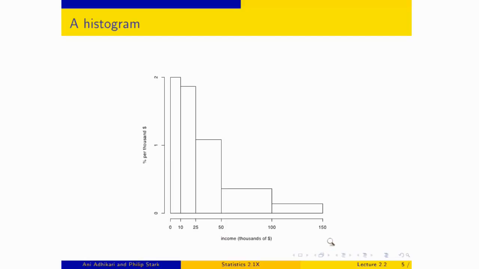Now, when you draw, it is important to make sure that the horizontal axis is drawn to scale. These are numbers. This is not green, blue, and red anymore. These are numbers, and they have clear mathematical relations to each other. So the distance between 0 and 10 compared to the distance between 10 and 25, well, that's 10 units versus 15 units. So this second bar better be 1.5 times as wide as the first bar.